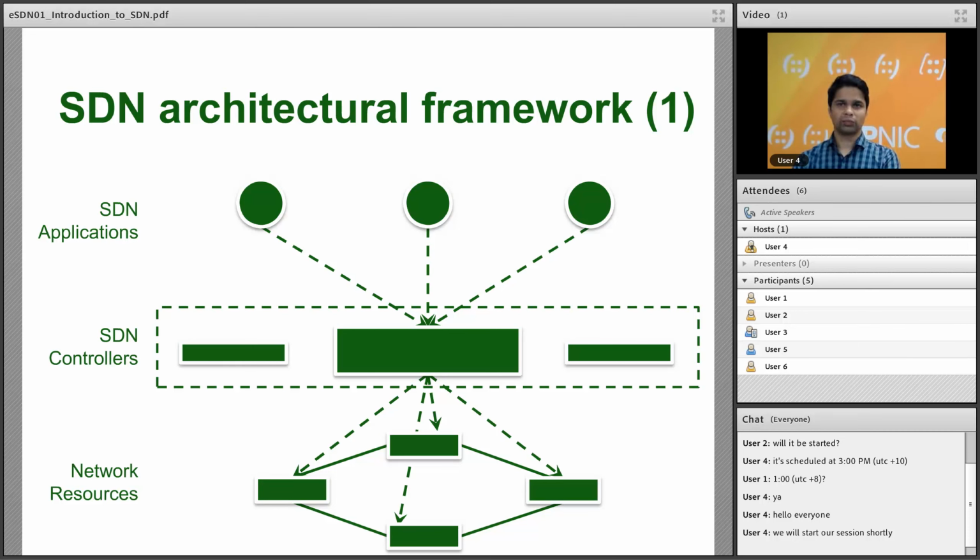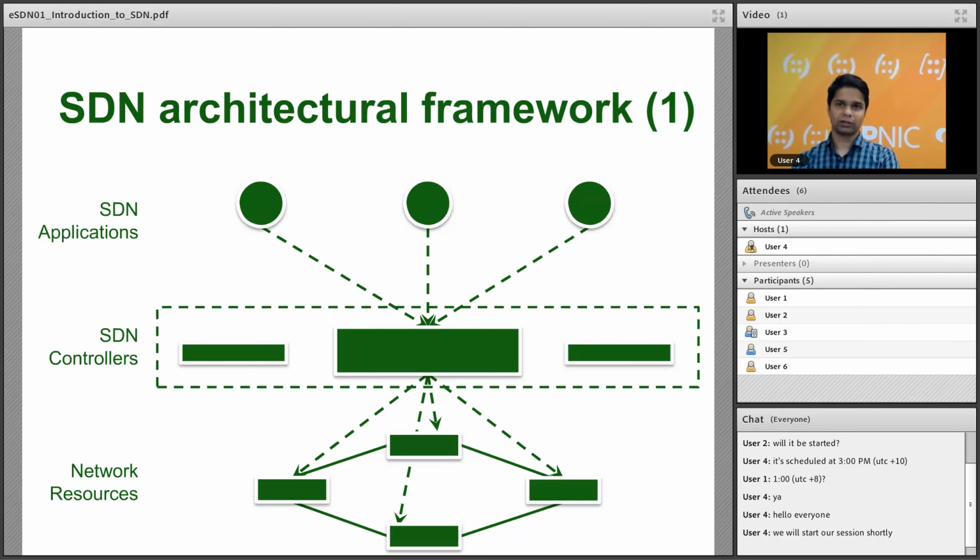Right. So the first layer, the application layer, is where the SDN applications specify network services or business applications by defining a service-aware behavior or doing all the orchestration. These applications interact with the SDN controller via the application control interface, or API.